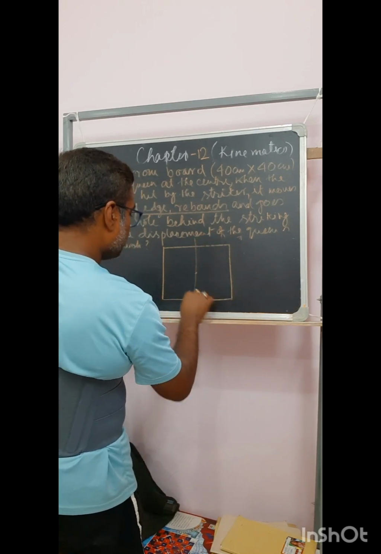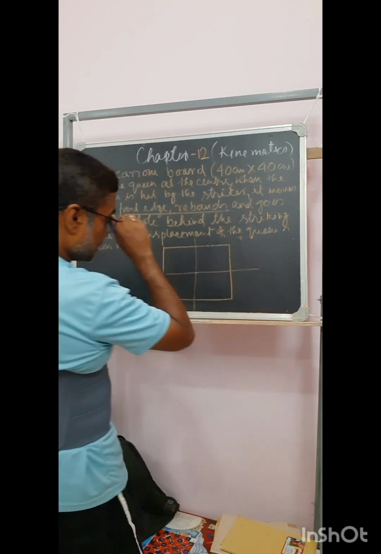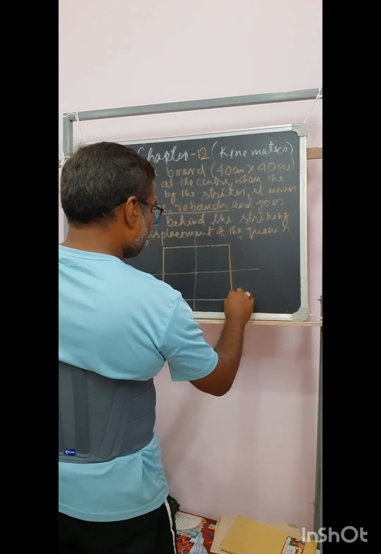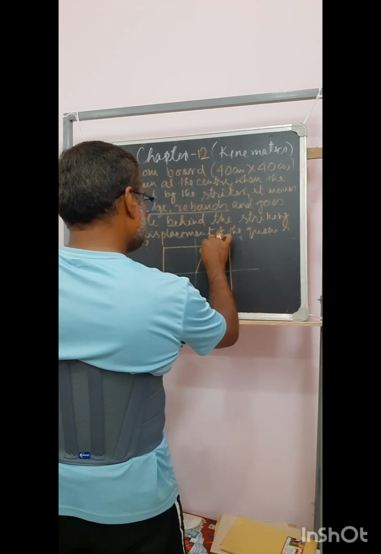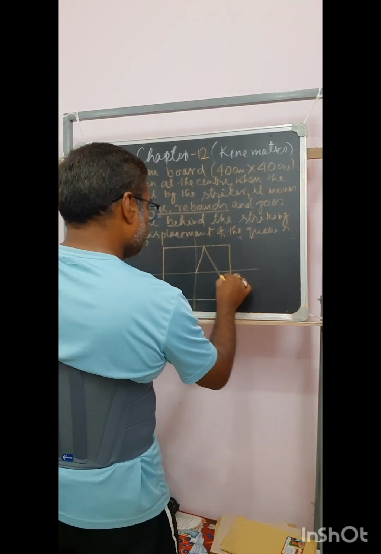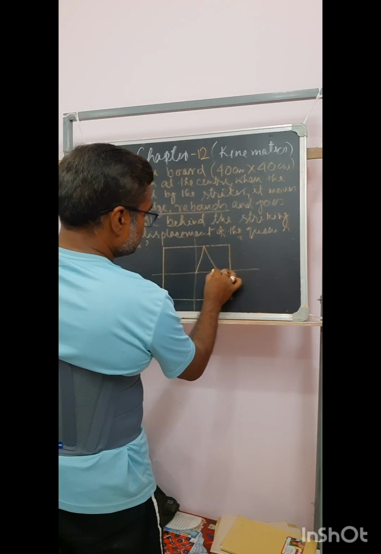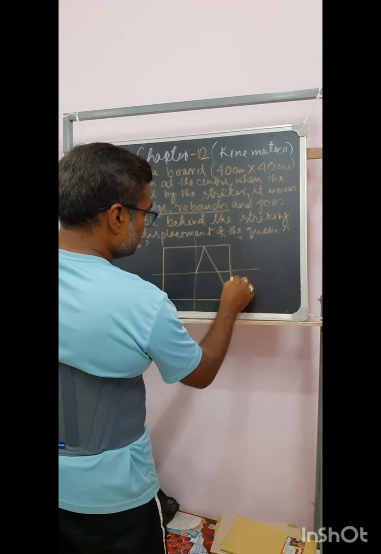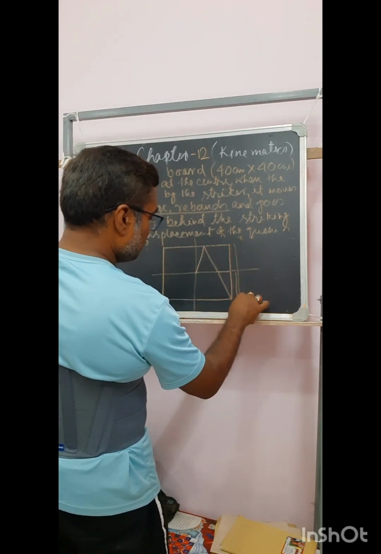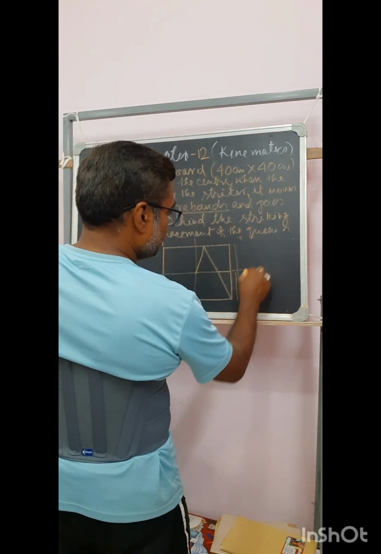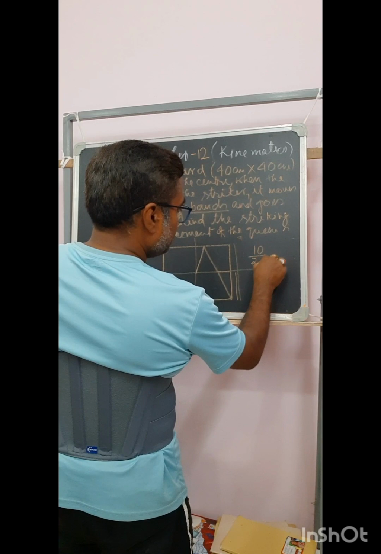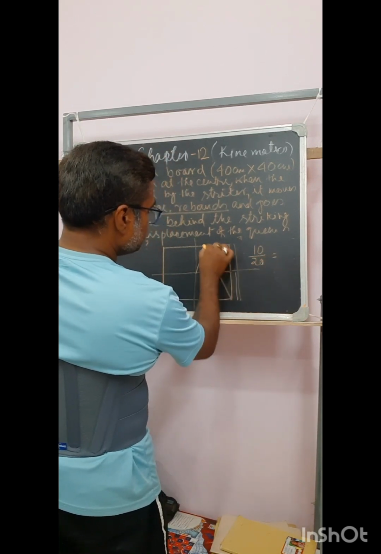So if I divide it along 2 axes, now the pocket is here. So now the angle must be somewhere here. Now this is parallel to this, so this by total will be this by this. Okay, so now half is 10 by 20, equal to this by this.